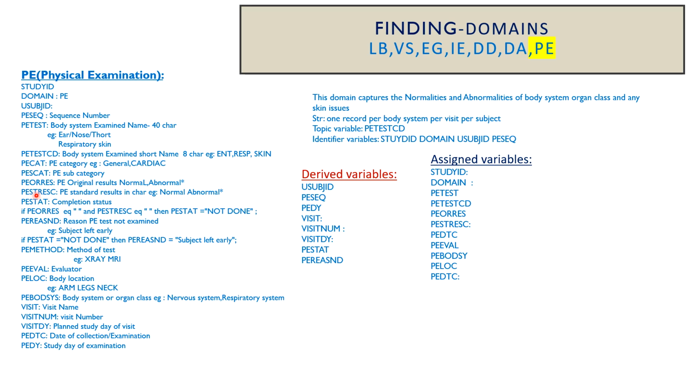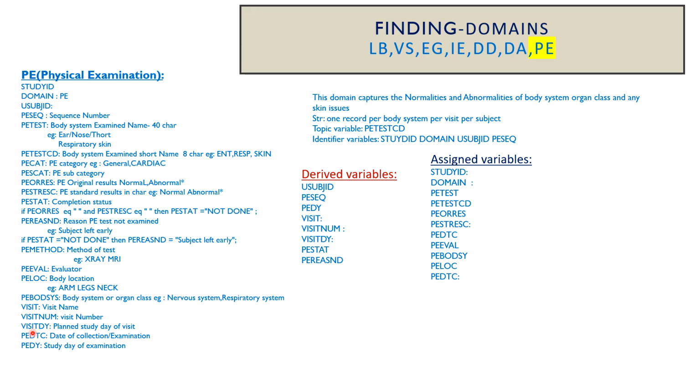Then original results, standard results character version, status and reason not done. These variables will be common for every domain. Then evaluator, then PE method, which method we use for the test. Then PE location, where we perform the physical examination. Then PE body system organ class, like nervous system or respiratory system.